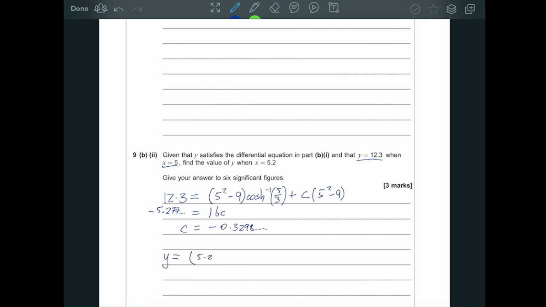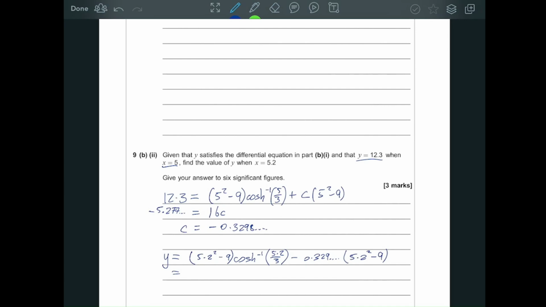I want to try and find the y value when I sub in 5.2 instead. So subbing in the 5.2 into that horrible nonsense is going to give me something. 5.2 squared minus the 9 cosh inverse of 5.2 over 3.